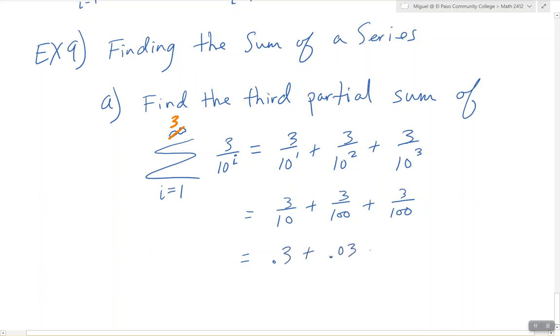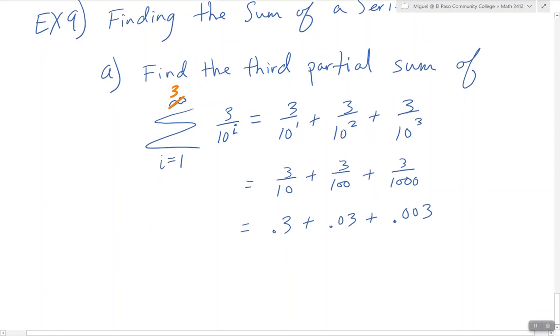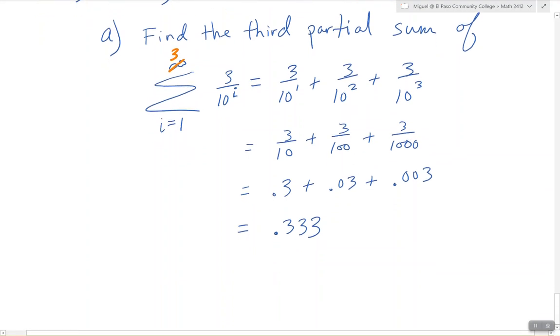If we think of these as decimals, it looks something like that, right? 0.333. So that's what they mean by partial sum.